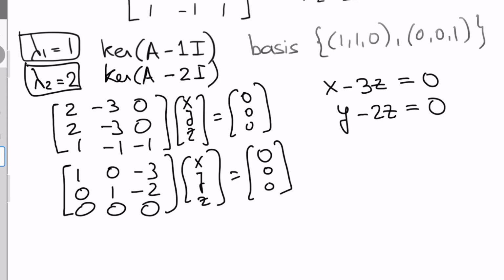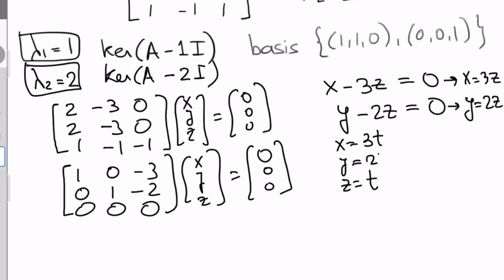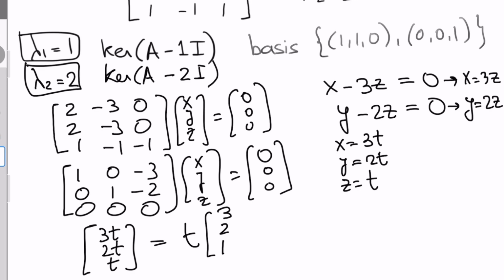And so from here, we get that x is actually equal to 3z, and from here, y is equal to 2z. And so if we call z equal t, then we have that x is 3t and y is 2t. And so our vector is going to be the vector 3t, 2t, t, that taking t as a common factor will be 3, 2, 1.